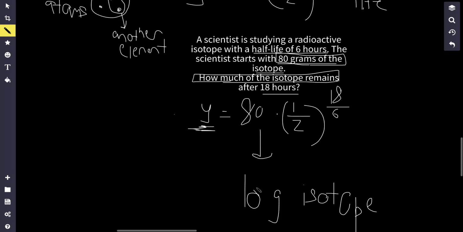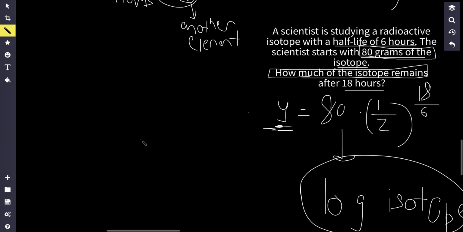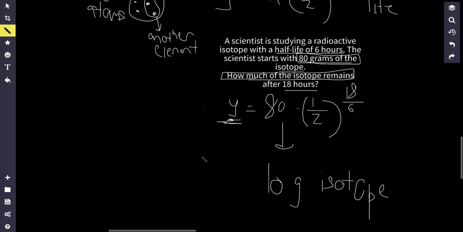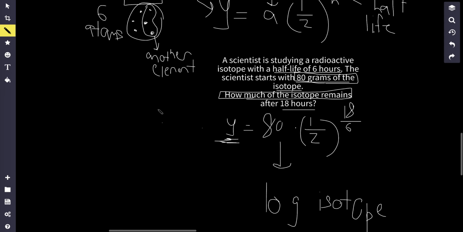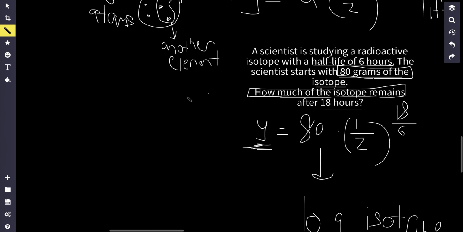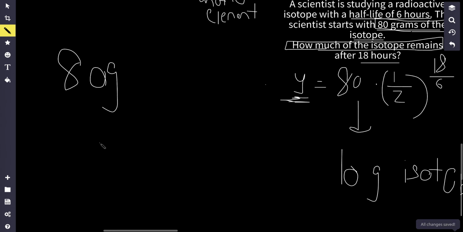You can think about half-life in another way. There is an easier way to do this problem. Let's say you start off with 80 grams of your isotope, and a half-life takes 6 hours.